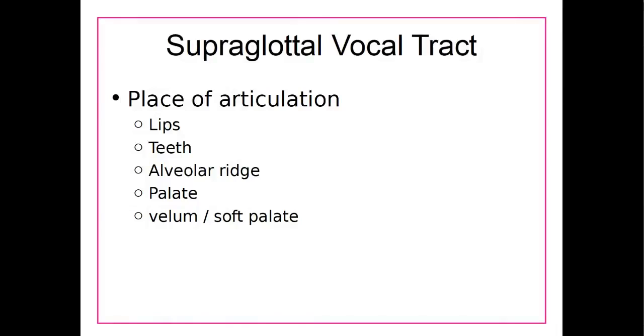So this is going to be the end of the first little video. If you need to go back and review what those different organs are and where they are, you can go ahead and do that. In the next couple of videos, I'll be looking at what these different places of articulation actually do and what kind of sounds each different place of articulation can produce.